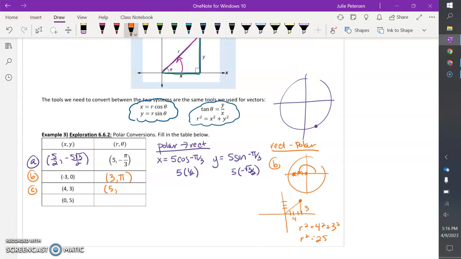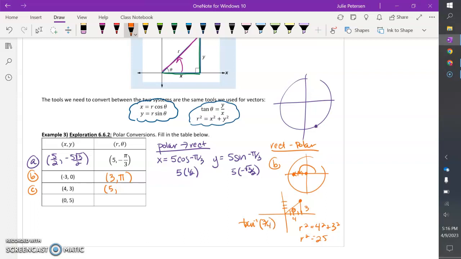Now the angle isn't one of these nice angles that we're used to having from the unit circle. What we're going to use is what we already know, which is tangent. If this is my angle theta, and I have my opposite and adjacent sides, I can calculate that angle. The way we would do that is we would take the inverse tangent of the y value over the x value.